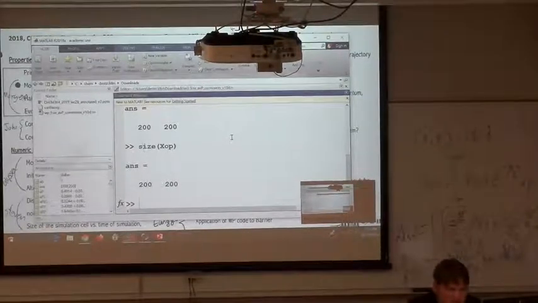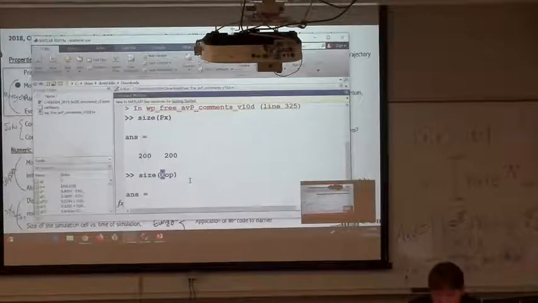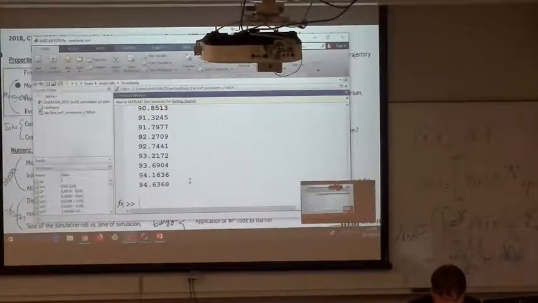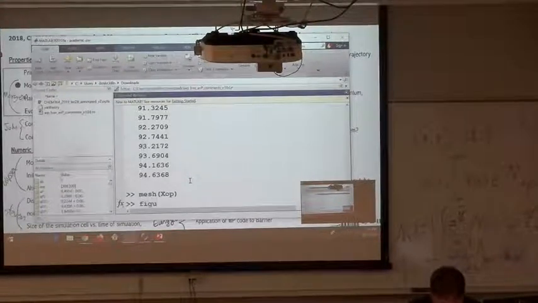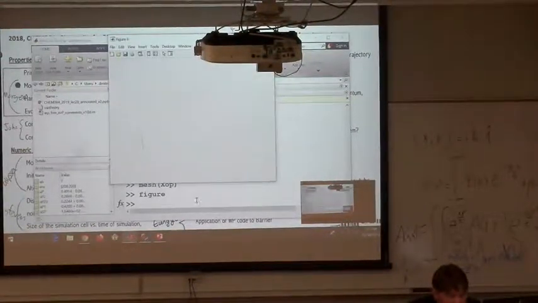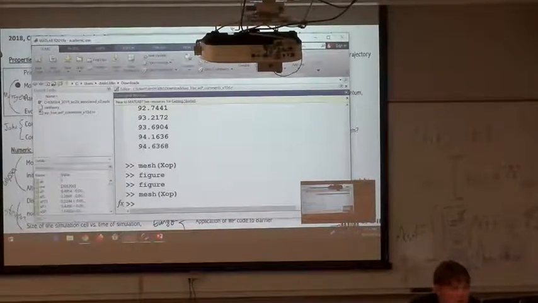So we do have right now px, the momentum operator in coordinate representation, and x, the position operator in position representation. Mesh hop x, hop new figure, mesh x operator.